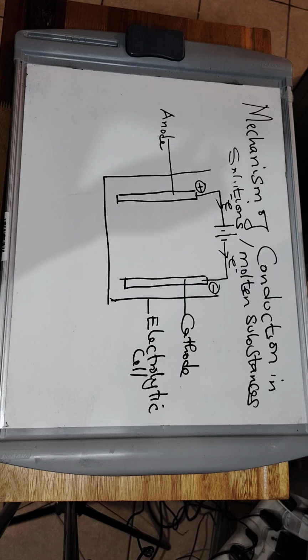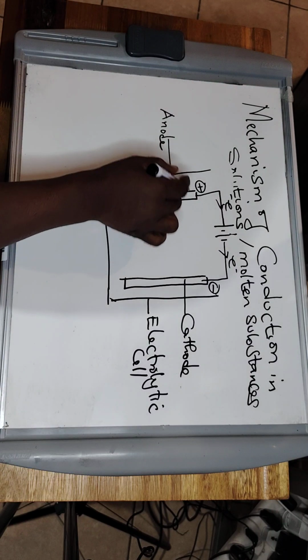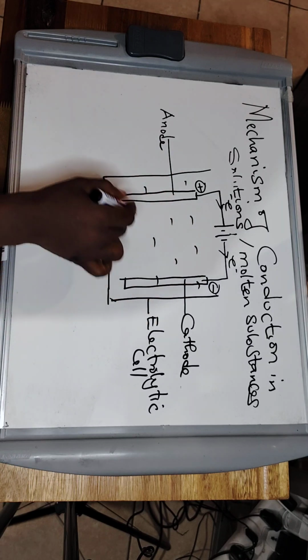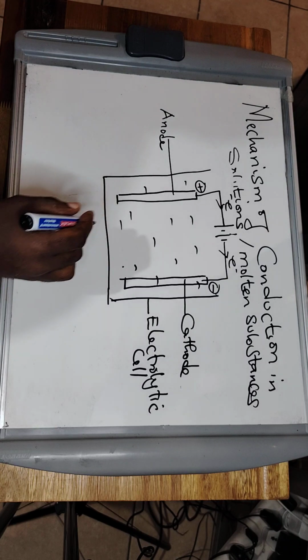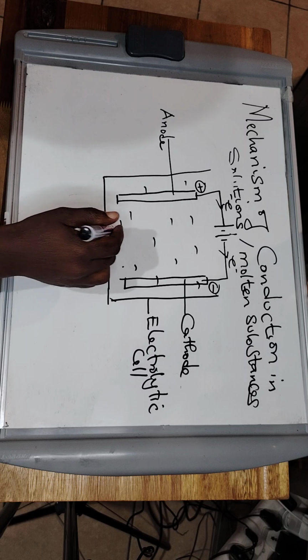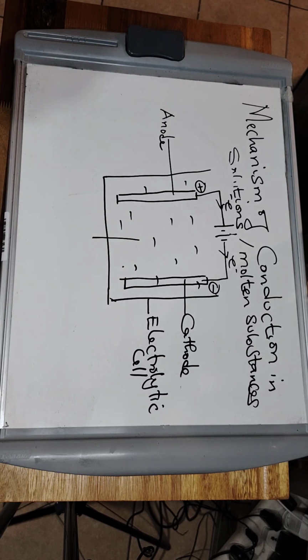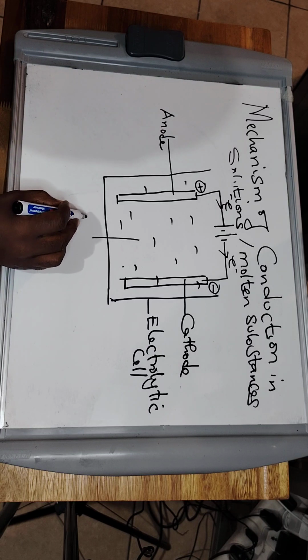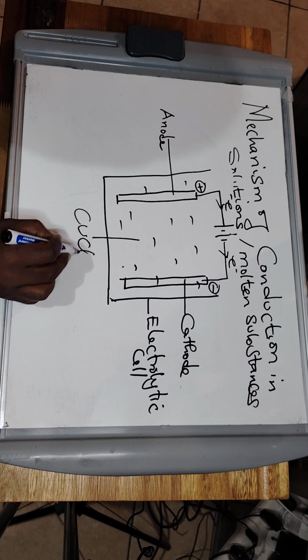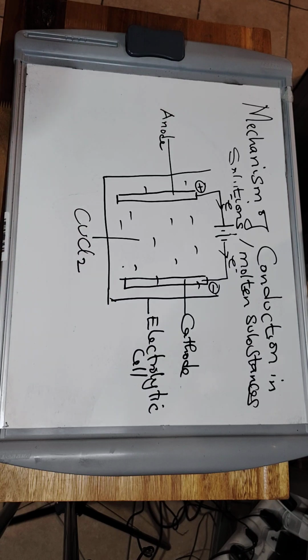Okay, what we are discussing here is the mechanism of conduction. Inside this cell, we have the substance, which can be a solution or molten substance. But whether it's a solution or molten substance, we have to remember that it is a salt, a compound made up of two parts. Let us give an example. Suppose we are using copper(II) chloride.